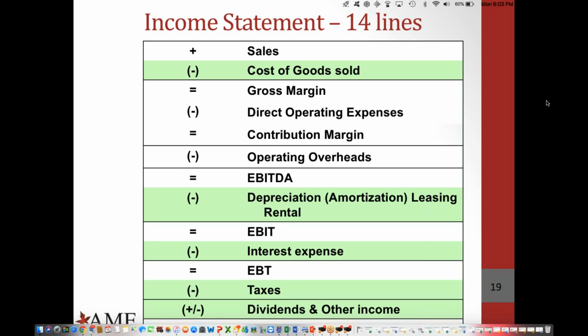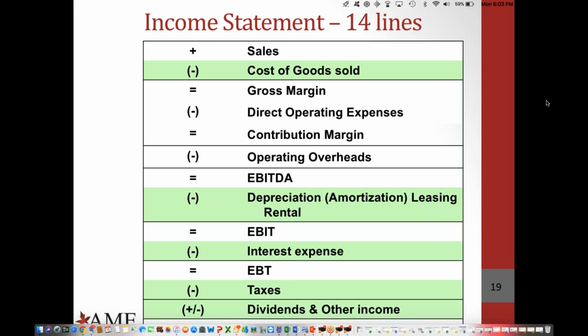The logical reason is that whether you lease a piece of machinery or land, or whether you own it, it's just a different way of acquiring assets. So I want to treat capital separately from the operations part, and I put them together down here. We subtract that off, and that gives us earnings before interest and taxes.